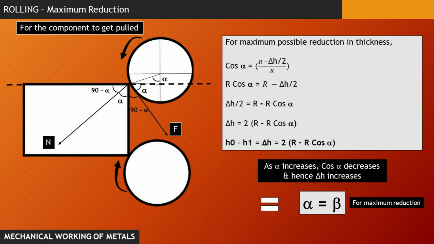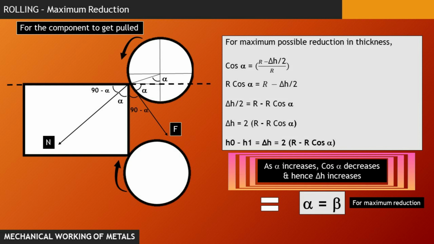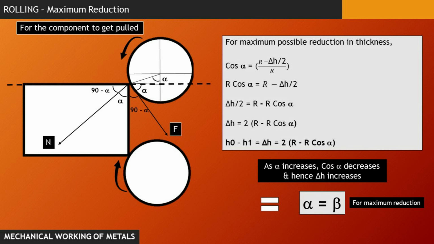Now from this expression, as the value of alpha increases, cos alpha will decrease, and hence del h, the maximum possible draft, will increase. So for maximum reduction, the angle of bite alpha should be equal to the angle of friction beta.